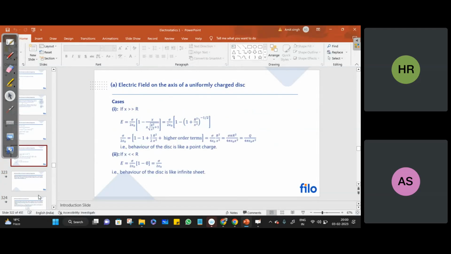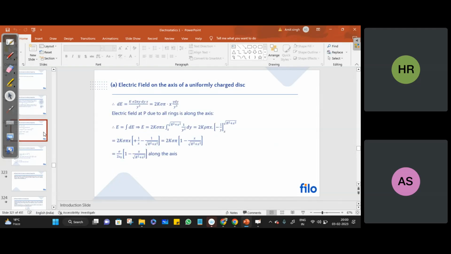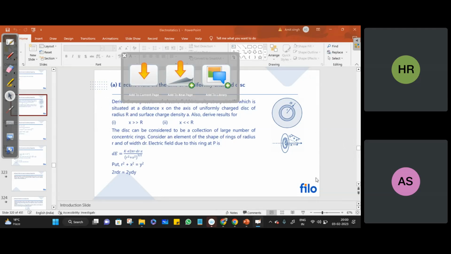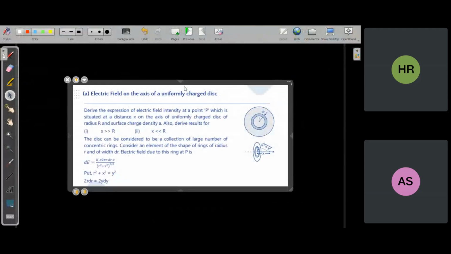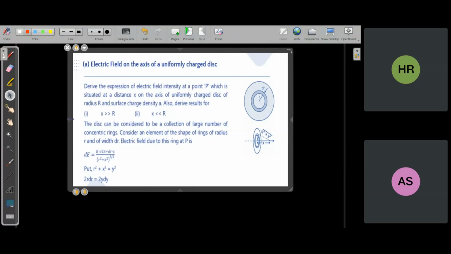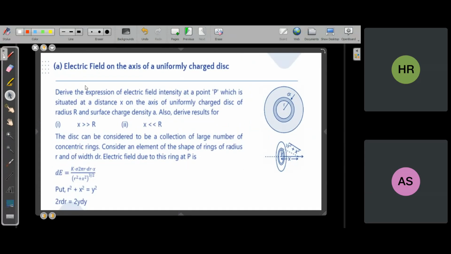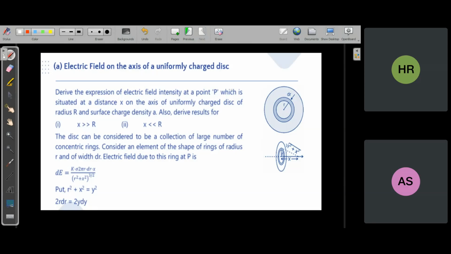Okay. So now you have to just go through whatever book you have, just go through these derivations of all the electric field. Here you can see that if you have a disk and you have to find the electric field due to a disk, then you will take rings as the element. So first of all, you will take one element of radius r and thickness dr. This will be a strip.